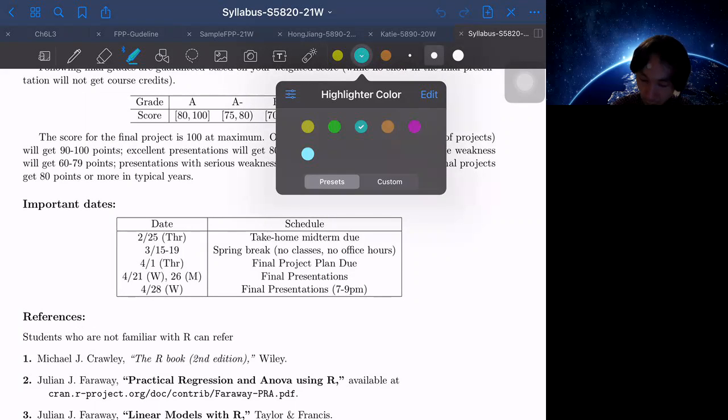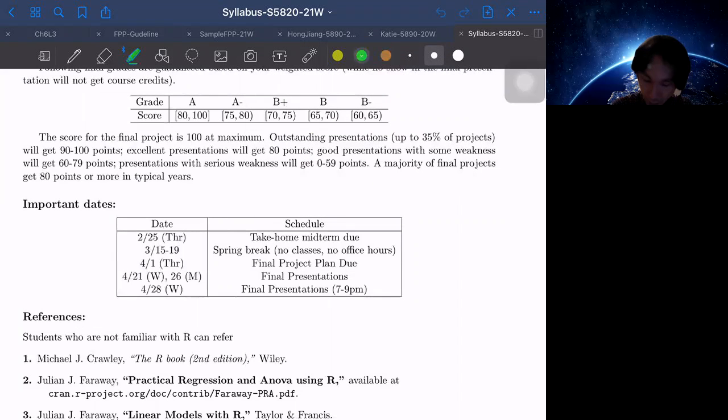So your presentation is likely to be April 21st, 26th, or 28th. And only 9 students, so possibly we put all presentations into these 2 days, 21st and 26th.